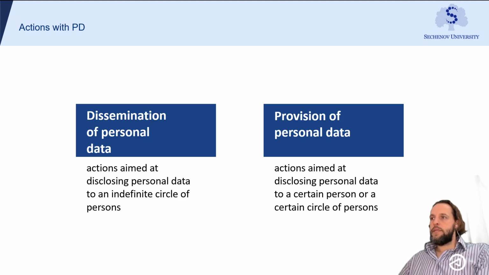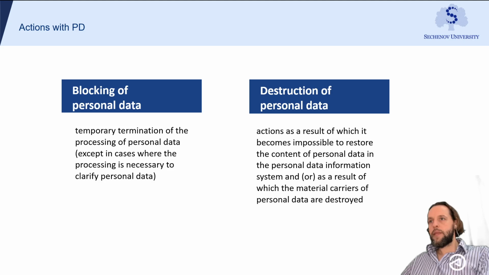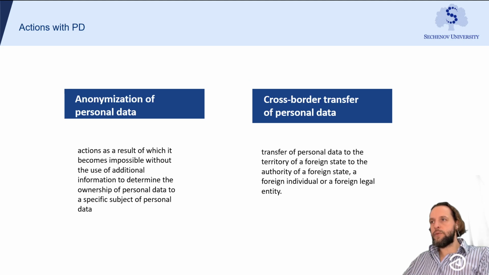What are the main actions which could be done with personal data? It's dissemination of personal data, provision of personal data, so it is a disclosure of personal data, and there will be blocking of personal data when we restrict access to it, and destruction of personal data when we erase it.